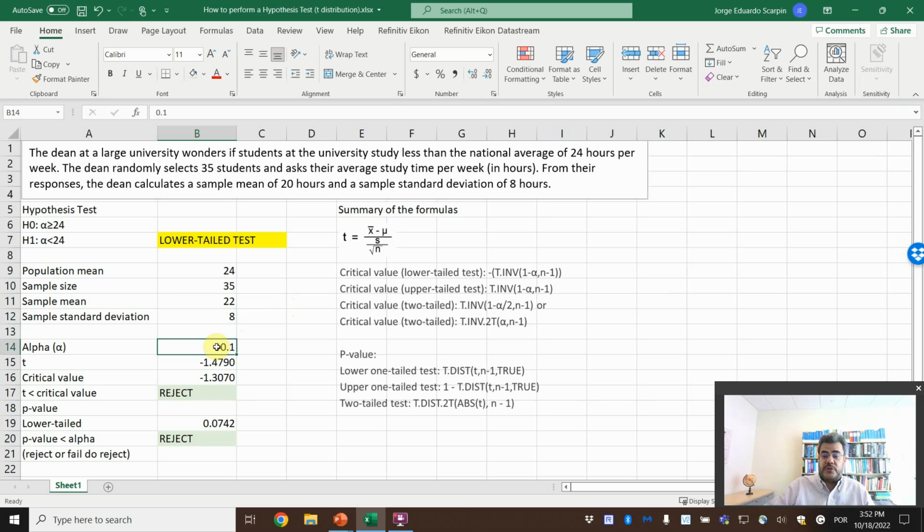But if we go on 0.05, we fail to reject. So the greater the alpha is, the easier it is to reject the null hypothesis. The lower it is, the harder. But let's set it back to our original numbers here.